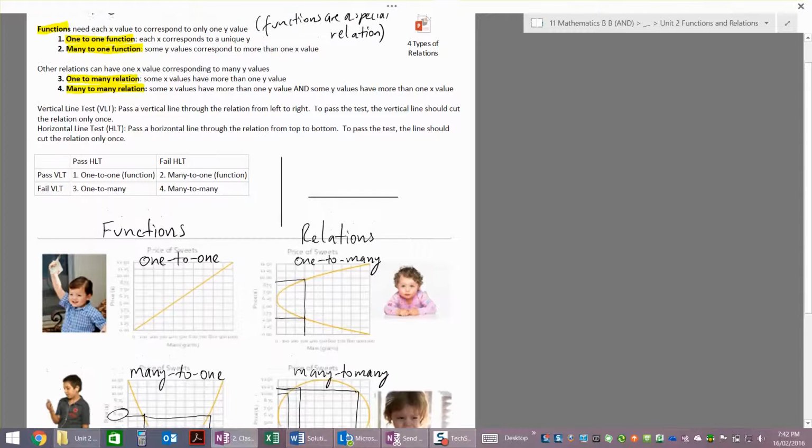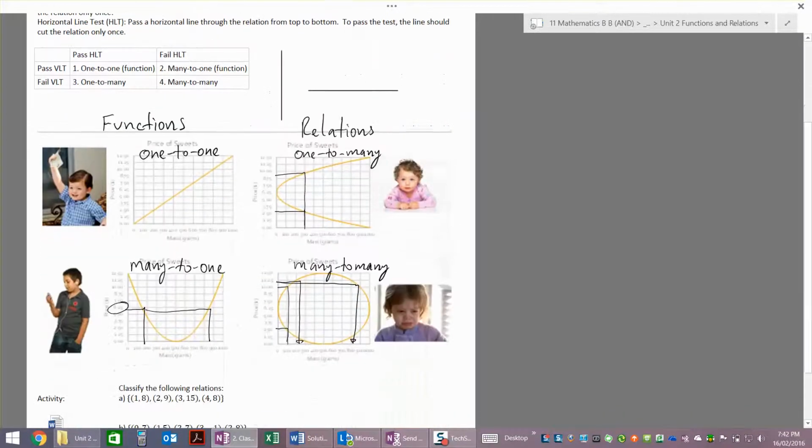These four names that we've got here, when you read them, you can think this is really many x to one y. There's many x's, many meaning more than one, for the one y value.